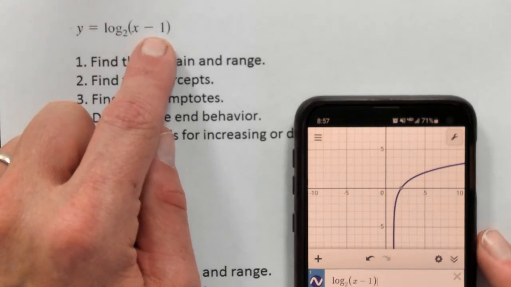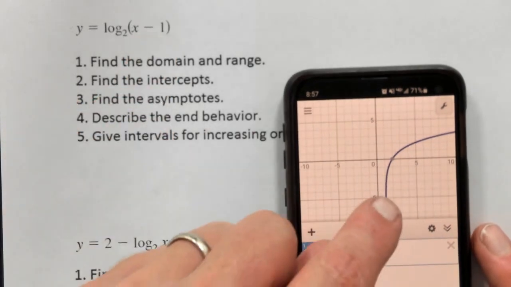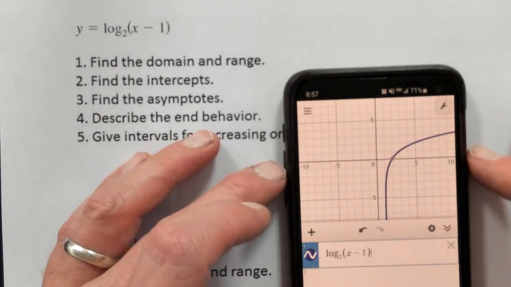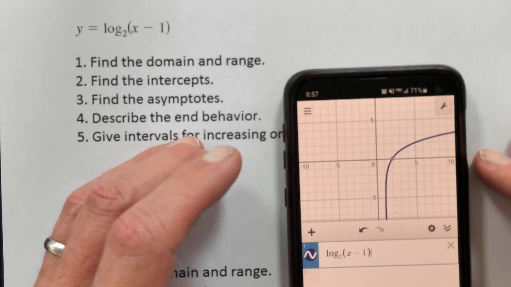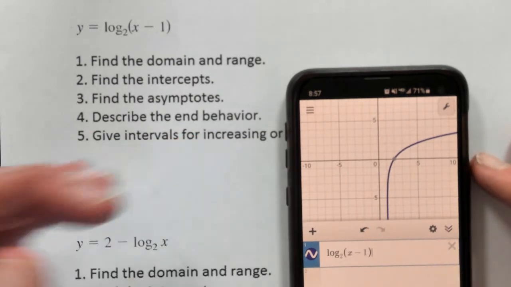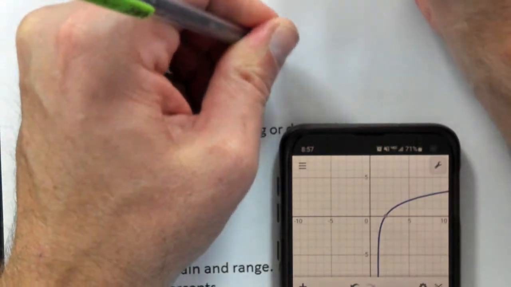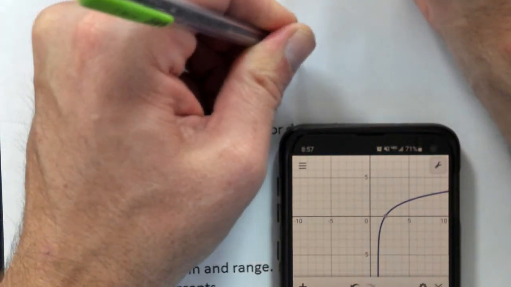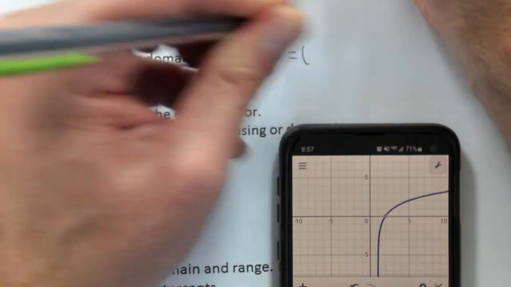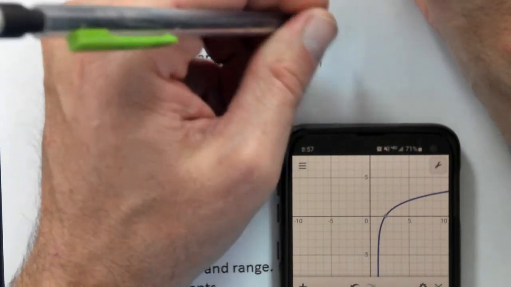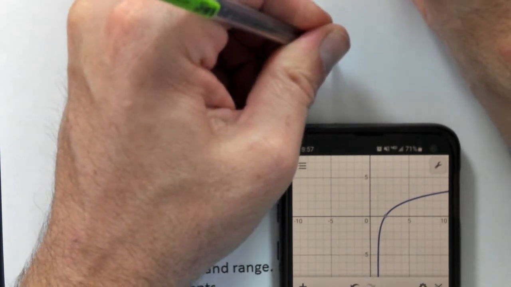And that is the case here. And so what that allows me to understand is that the graph is shifted over. And so what that means is when I'm looking for the domain, I know that this time the domain is actually going to start at 1 and then go up to positive infinity.